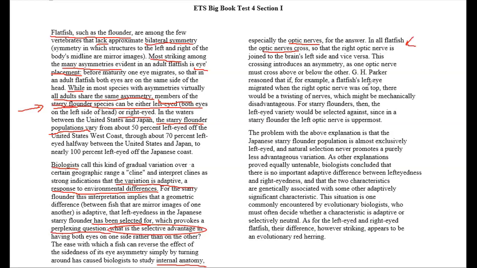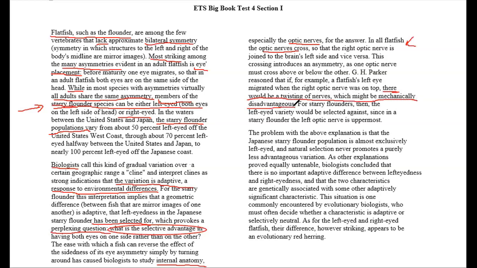And then the passage says, G.H. Parker reasoned that if, for example, a flatfish's left eye migrated when the right optic nerve was on top, there would be a twisting of nerves which might be mechanically disadvantageous.